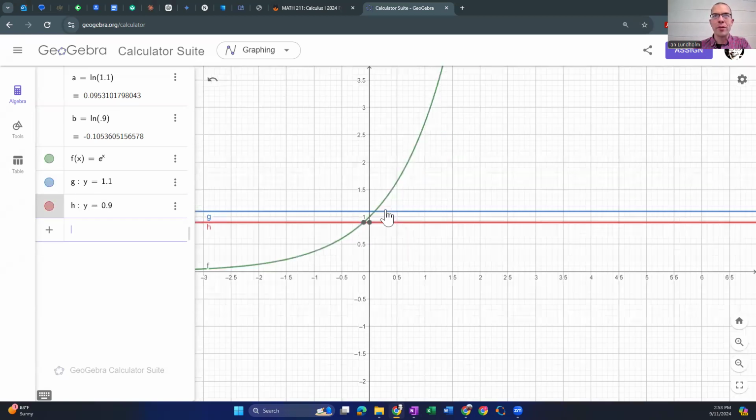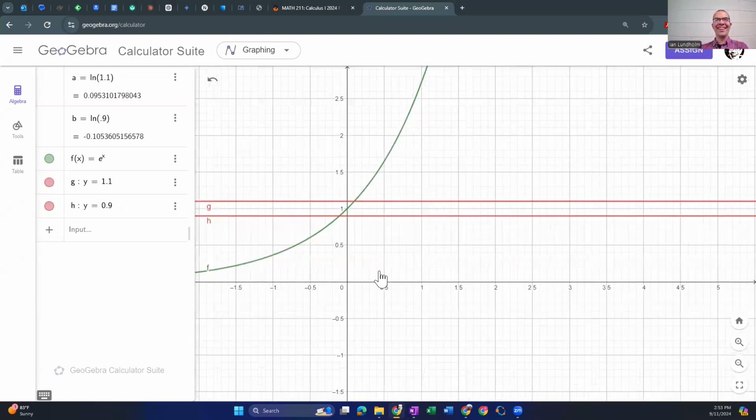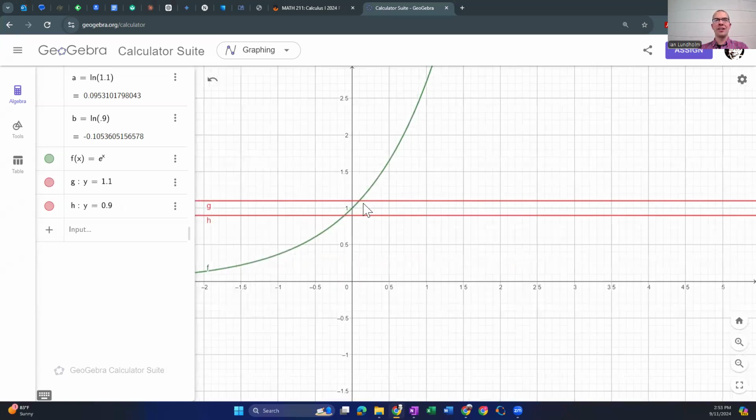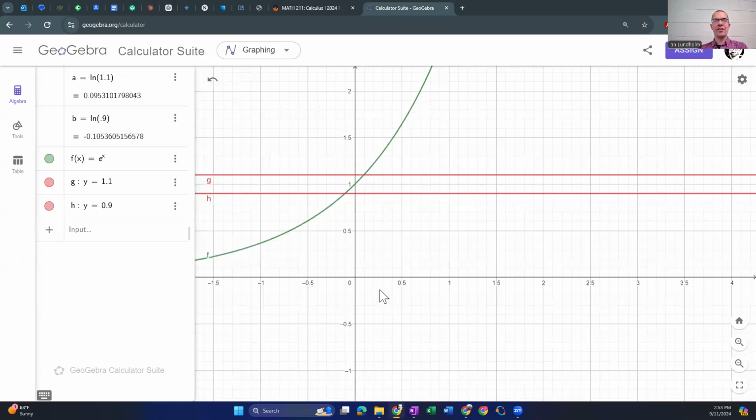Let's go ahead and make both of these red for error bounds. And what we're doing is we're following these down to x values down here. I guess what we're really calculating is x values down here.